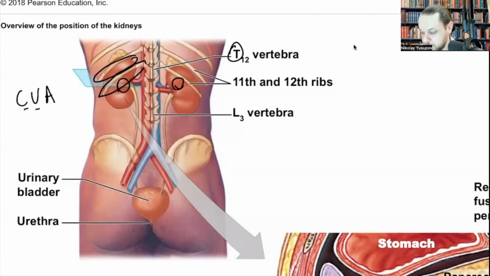If you tap on that side and the patient jumps from the chair, wherever they are, with a lot of pain, that's a positive marker of kidney stones. Just something to keep in mind since we're on this topic.